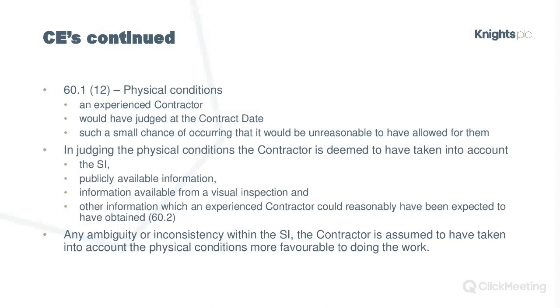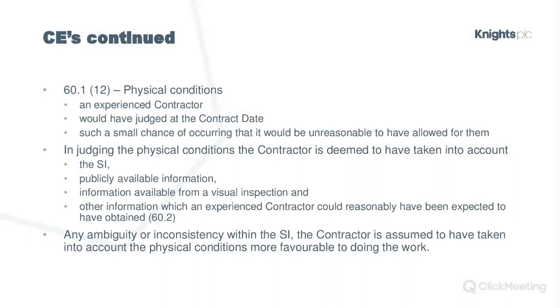And then any other information which an experienced contractor could reasonably have been expected to have obtained. Not sure exactly what that would entail, because you've got publicly available information and visual inspection. I suspect actually it would potentially include things like, possibly you did work, it's part 2 of a project where you did the work for part 1, something like that.